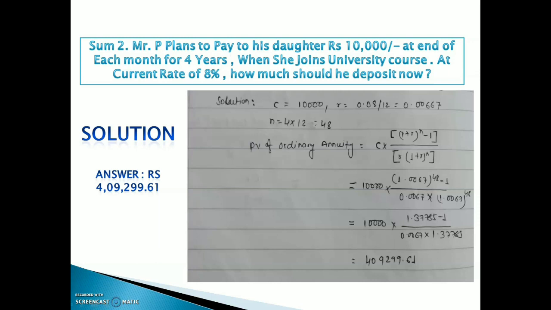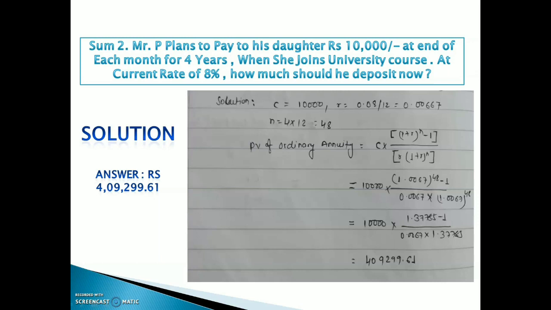Now pay attention to the words: how much should he deposit now. That means this problem is clearly related to present value. So we have to look into the formula of present value. Now the question comes, ordinary annuity or annuity due.